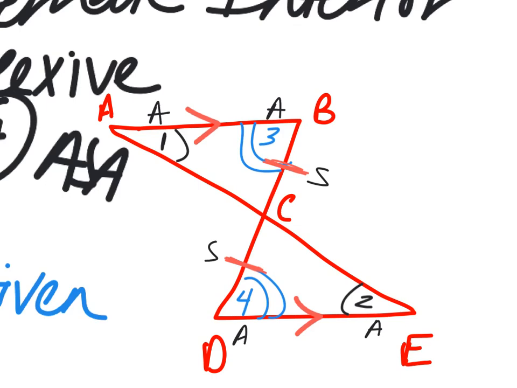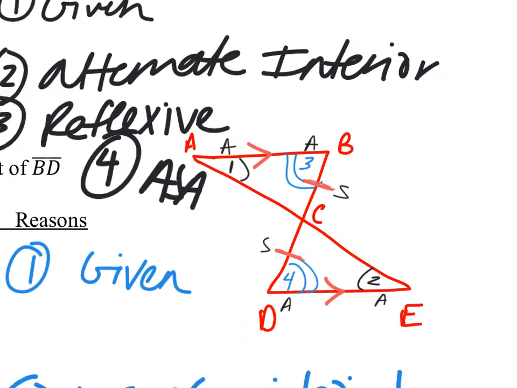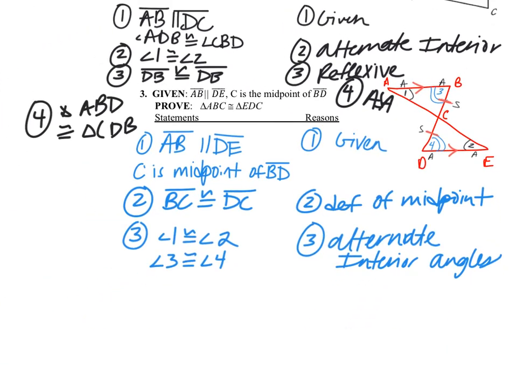Logan, what should I use? AAS. Yep, angle, angle, side. Look at this picture. Can you get a different set, like another set of angles? Yes. Vertical angles. You could also use the vertical angles, and if you do that, then you could use angle, side, angle. We didn't do that, so we're going to use angle, angle, side. But you could, so if you did that, then that's an option.